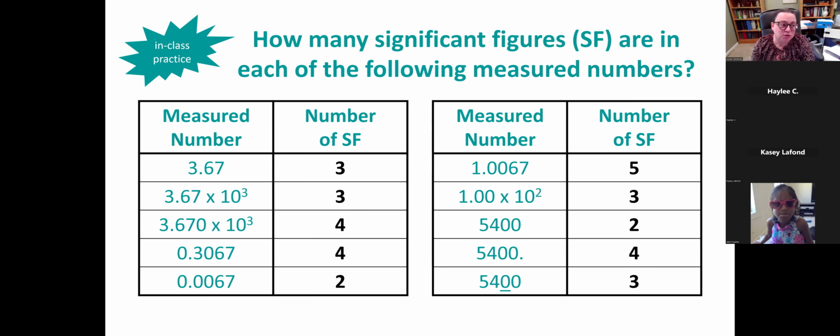That would clearly show that one of those zeros is significant and one of them is not included in there. So scientific notation is helpful. All of the numbers in the coefficient part are significant. The power of 10 is just telling you the placement of the decimal point, so there are no significant figures in that power of 10 part of our scientific notation.